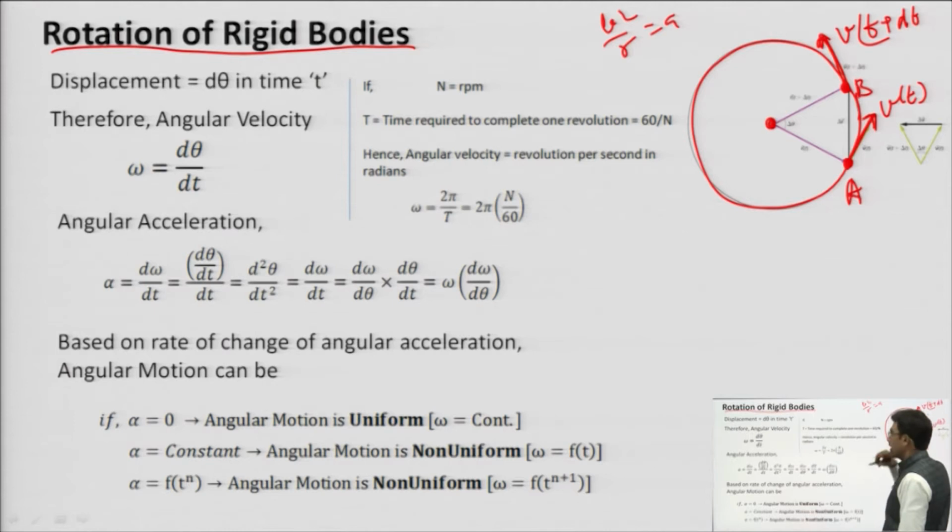Today we are focusing on a body rotating about an axis. Say at a certain distance r, within some duration dt, it moves from A to B. It is rotating with angular velocity, say omega, and the displacement here is d theta.